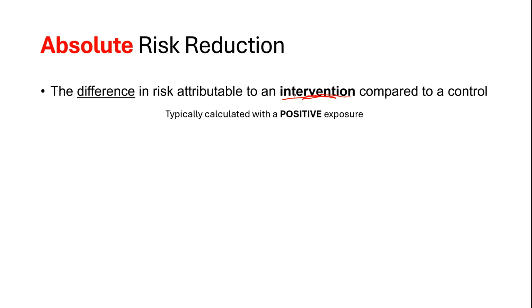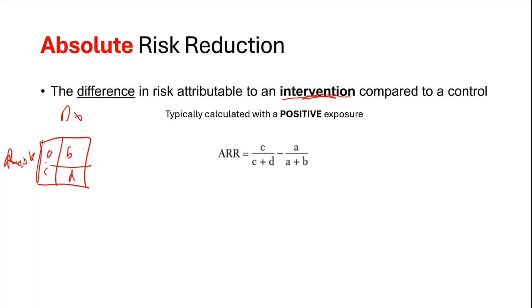So what is absolute risk reduction? Well, we can draw out a little table here, right? We already remember A, B, C, D. Here's the disease, here's no disease, or here's the risk, I should say, sorry. So what exactly is it? Well, this is going to be very similar to attributable risk, but instead it is going to be your control minus your risk.